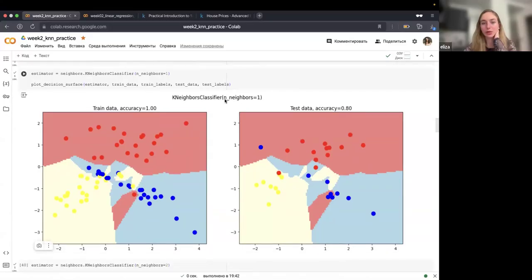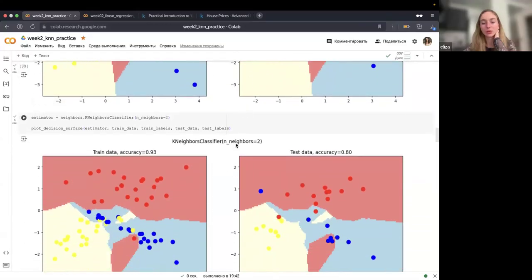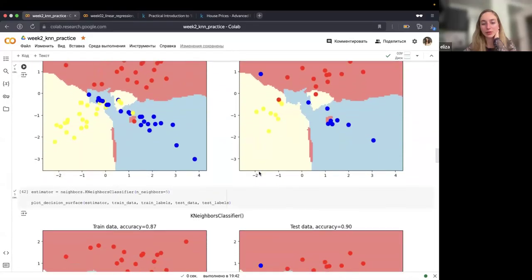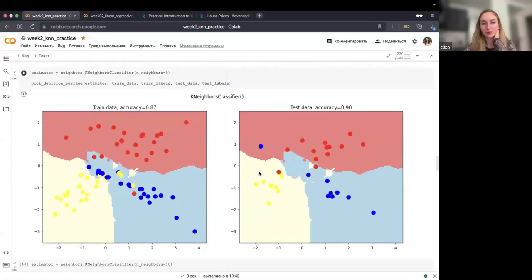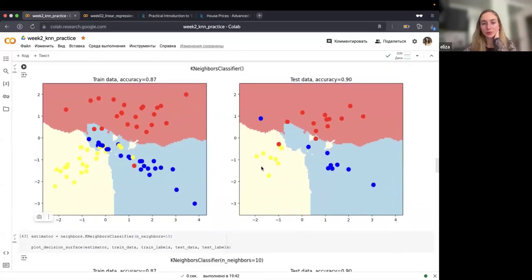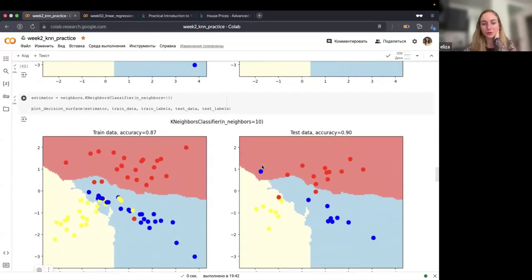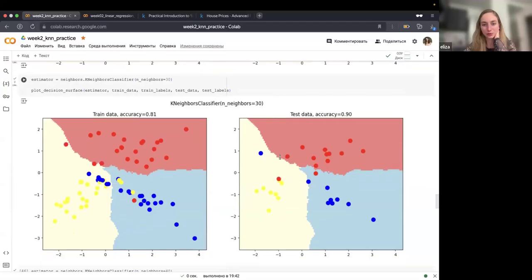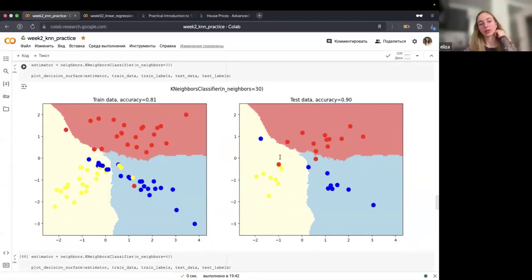For example, 1 neighbor, 2 neighbors, 3 neighbors, 10 neighbors, 20, 30. And you can see how the division of your classes changes.